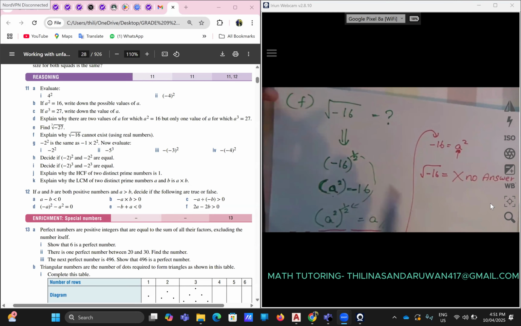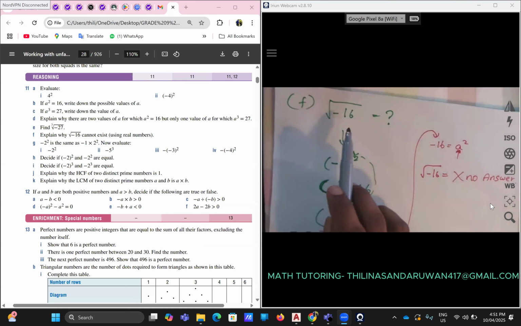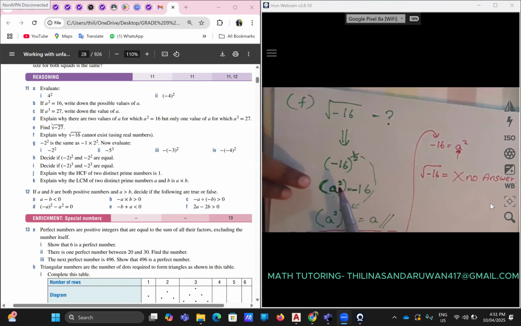All right, now let's try question number F. It says explain why square root of minus 16 cannot exist using real numbers. Let's do it as we did the previous question.